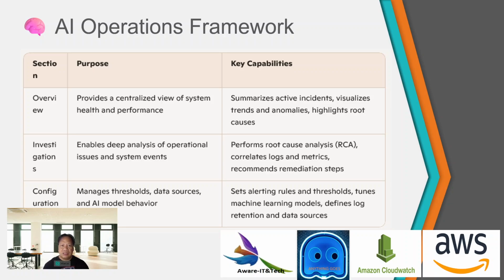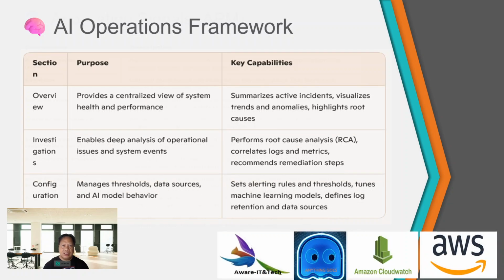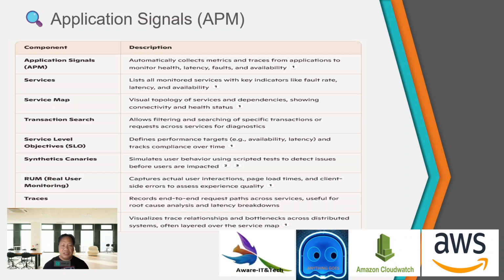I think that's new. And we have Application Signals, or APM. These are your applications and what they're doing. For example, Lambda and the rest of the applications that are running will create service logs or application logs, and then we can trace what's going on inside our Lambda, for example.